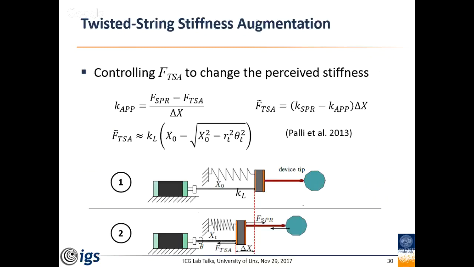Parameters for that are the stiffness of the whole string assembly, which you can determine beforehand, the initial length x0, when it's not contracted yet, and RT, the radius of this string assembly, which changes over time. For that, there's also a closed form to compute it. So we can control the forces just by changing the zeta, this angle of the twisting.